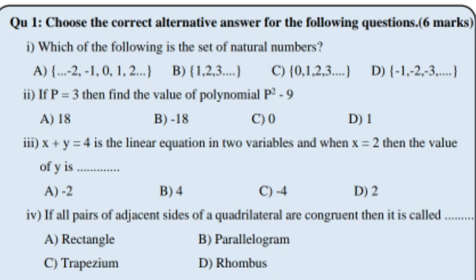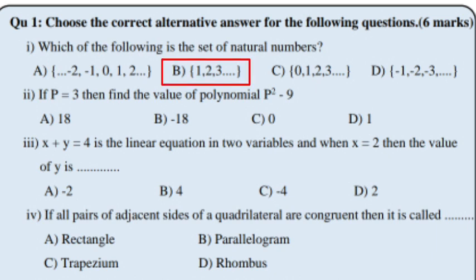First question is, which of the following is the set of natural numbers? Options are A, -2, -1, 0, 1, 2 and infinite, B, 1, 2, 3, C, 0, 1, 2, 3 and D, -1, -2, -3.